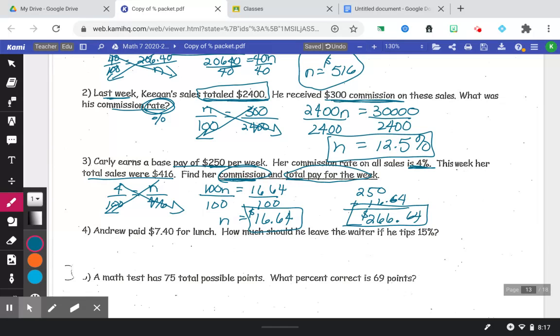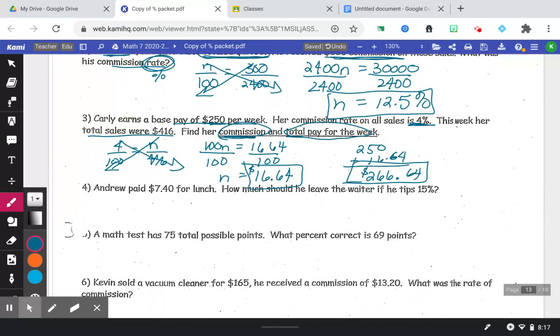Okay, number 4. Andrew paid $7.40 for lunch. How much should he leave the waiter if he tips 15%? All right, I'm going to actually do this one with the equation. Remember, part is going to be the dollar amount that he's paying the waiter in the tip.